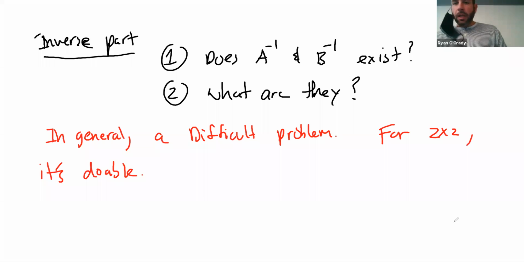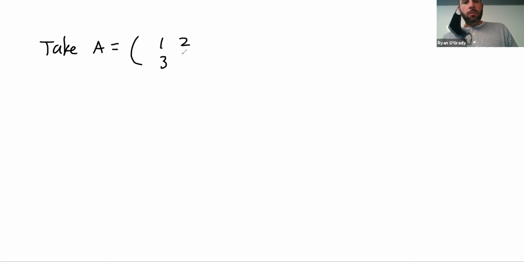So let's take A, for example. What was it? It was 1, 2, 3, 4.